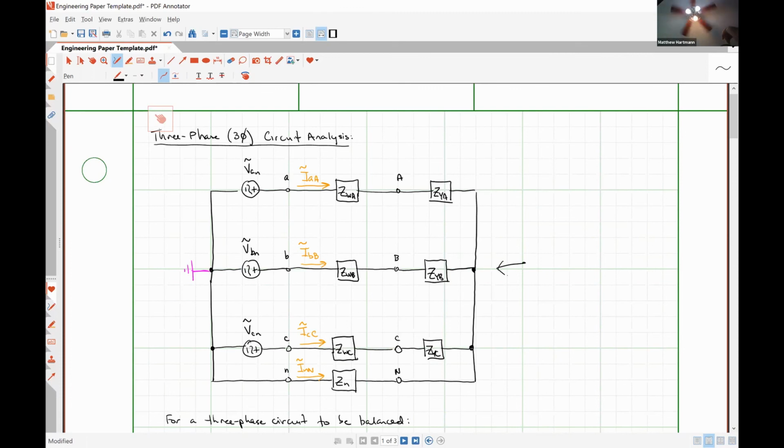So I'm just using Ohm's law with these voltages that I have defined in our circuit.